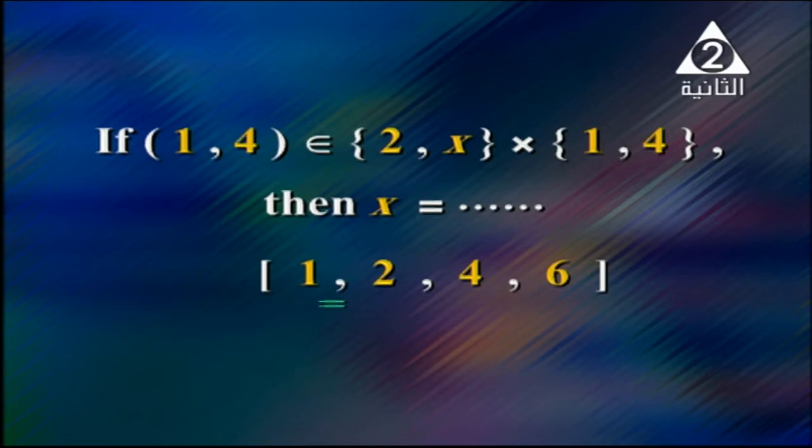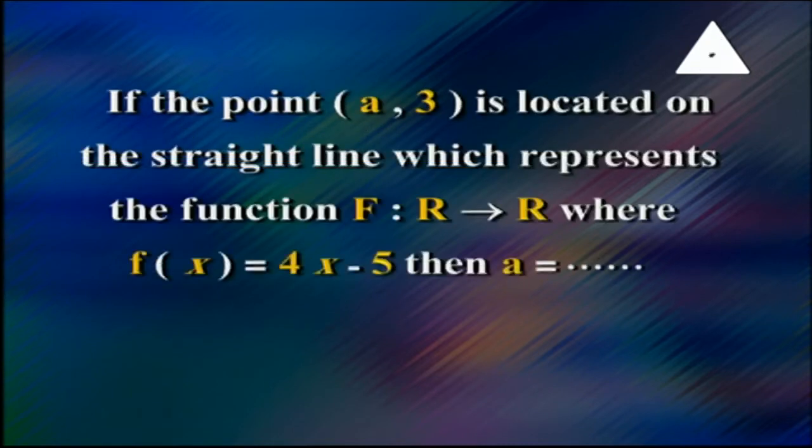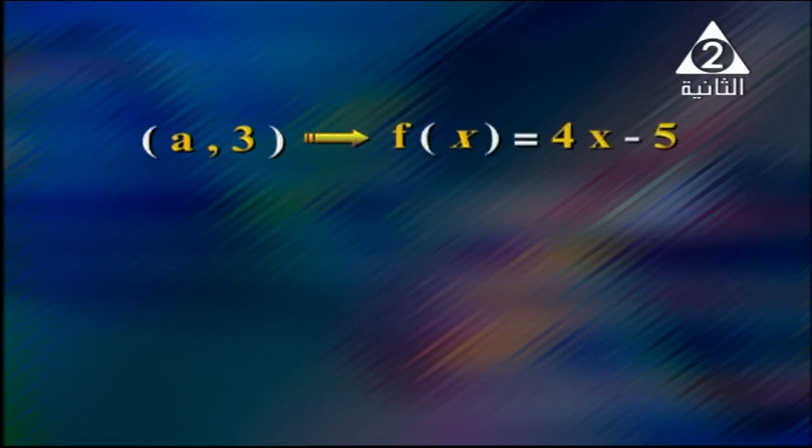Another example. If the point (a, 3) is located on the straight line which represents the function f from R to R, where f(x) equals 4x minus 5, then a equals what? Is it 2, 3, 7, or 4? Here, (a, 3) is located on the straight line, so we can substitute (a, 3) in the function f(x) equals 4x minus 5.